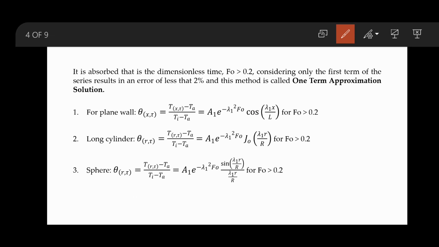Here it has been observed, after finding out experimental results, that if the Fourier number is greater than 0.2, then in the Taylor series expansion we can use only the first term, and we call that one-term approximation because we are using only the first term of the expansion.